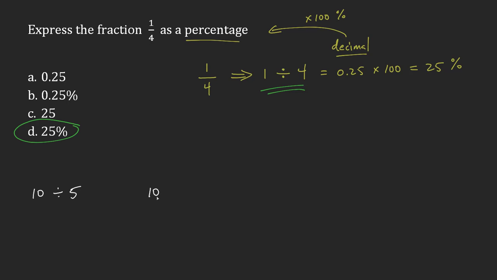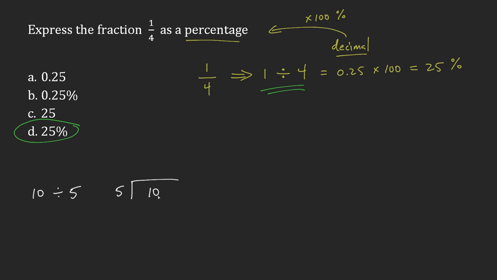You take the value you want to divide into, and I figure out how many times 5 goes into 10. If it does go in, I put the number of times up here.